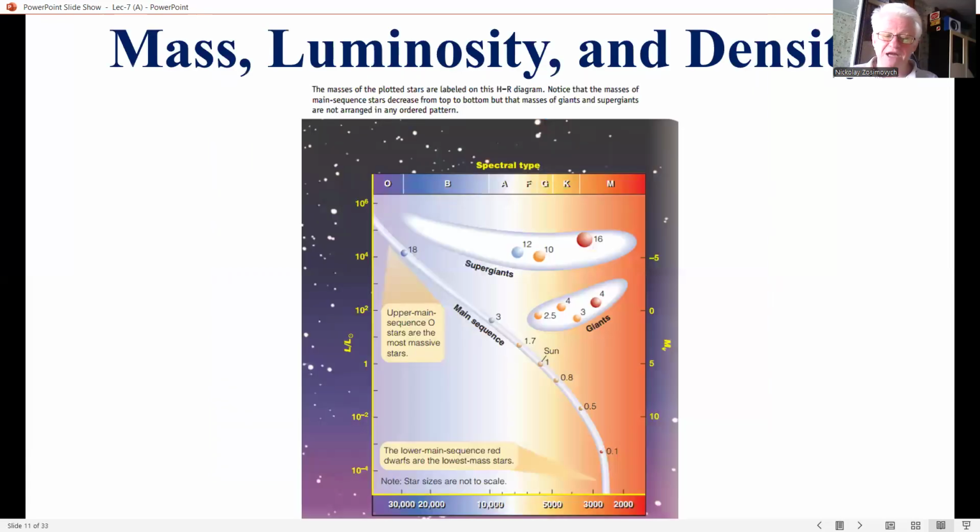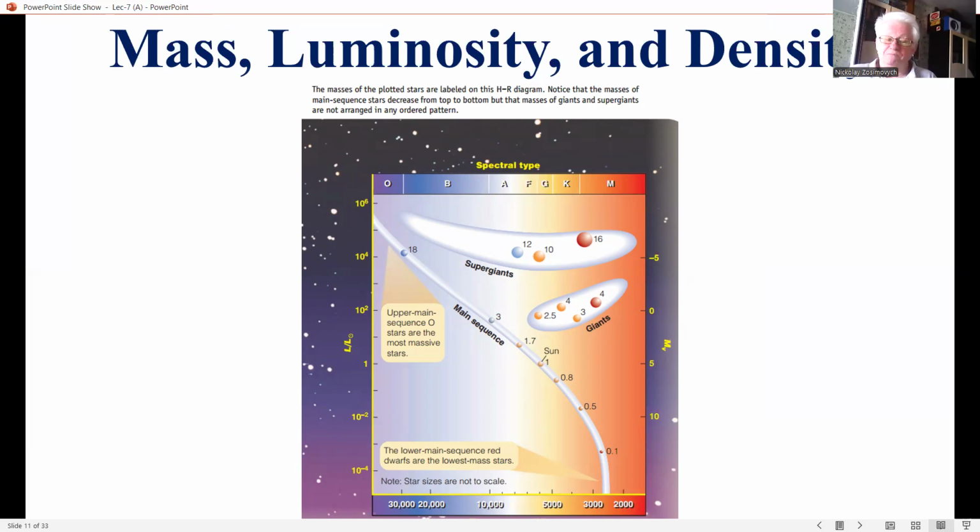If you survey enough stars and plot the data in an HR diagram, you can see the patterns that hint at how stars are born, how they age, and how they die. If you label an HR diagram with the masses of the plotted stars, as in this figure, you will discover that the main sequence stars are ordered by mass.